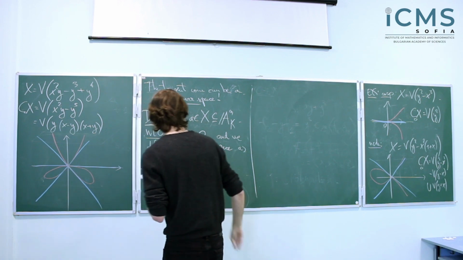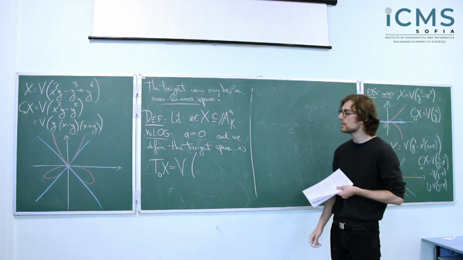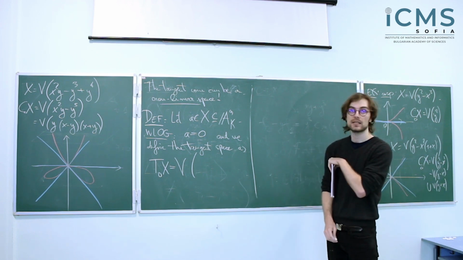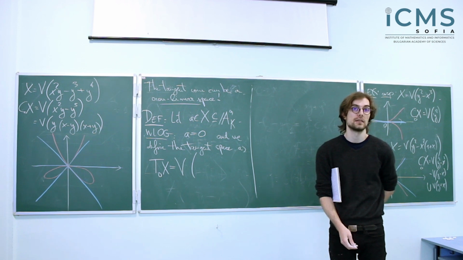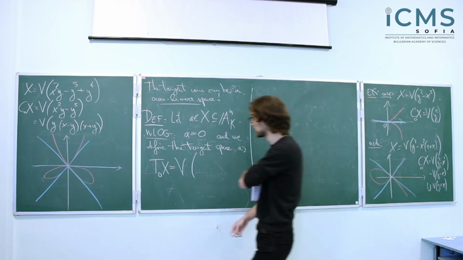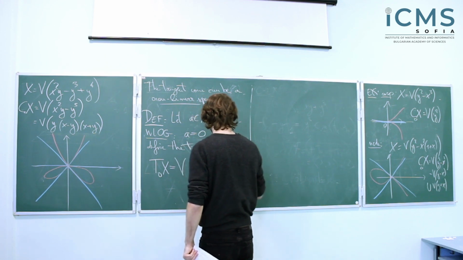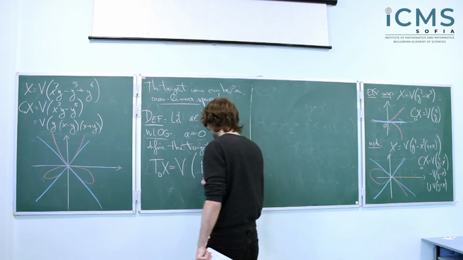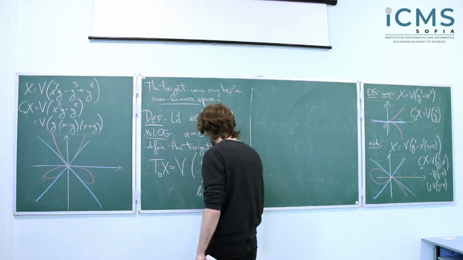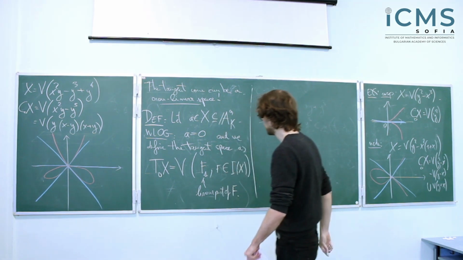So I'll have a set of equations. You need this to be a linear space, so what do you use? Well, you simply use the linear part of your equations, the linear part of f.